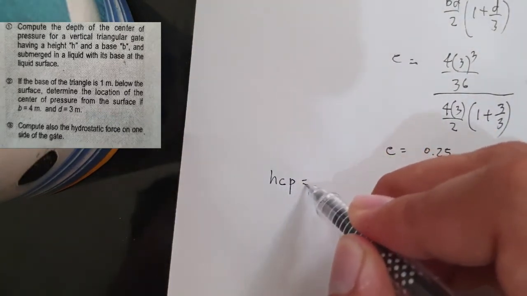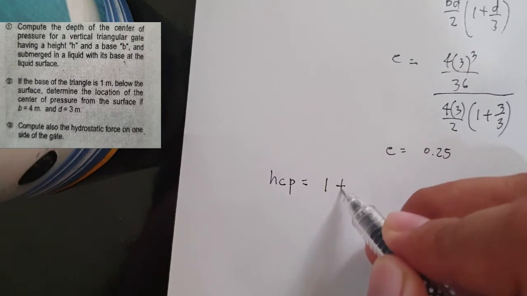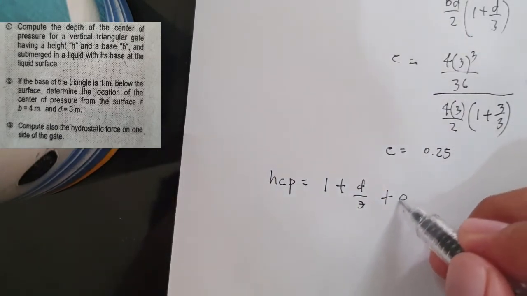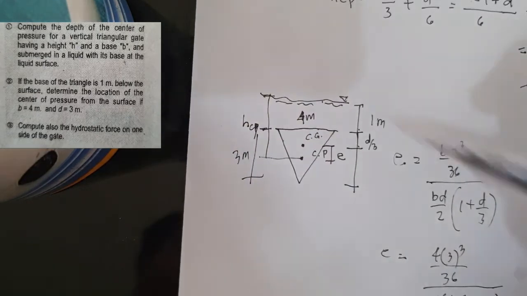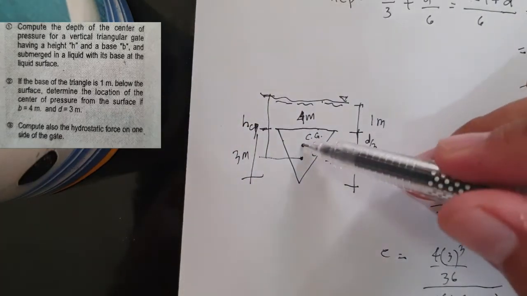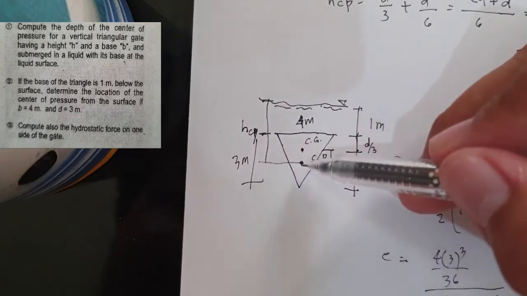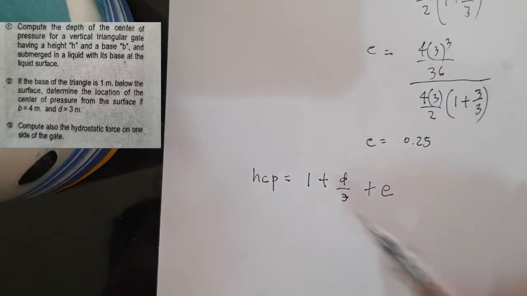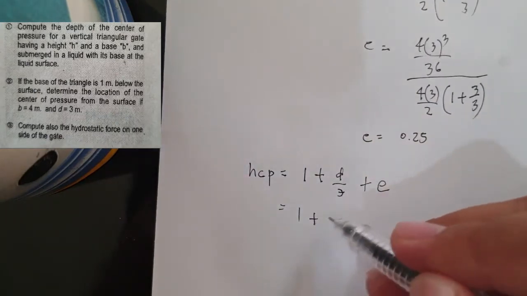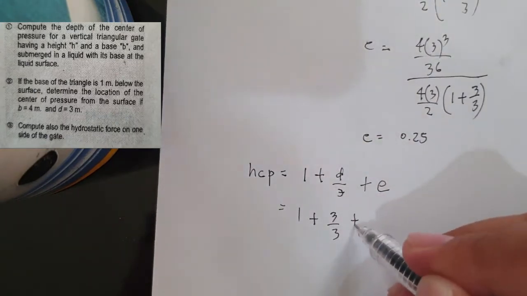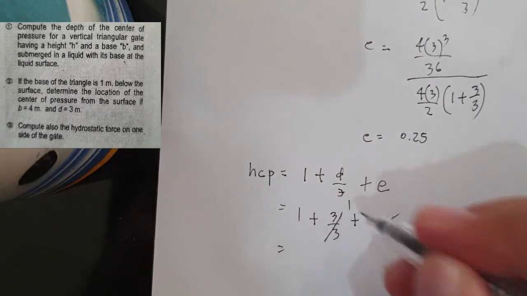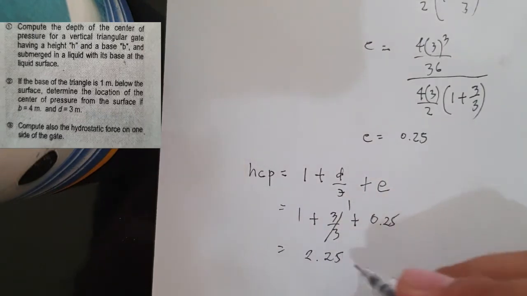HCP is 1 meter plus D over 3 plus E. So that is the distance of the center of pressure from the top of the water surface. So 1 plus 3 over 3 plus 0.25, that is 2.25 meters.